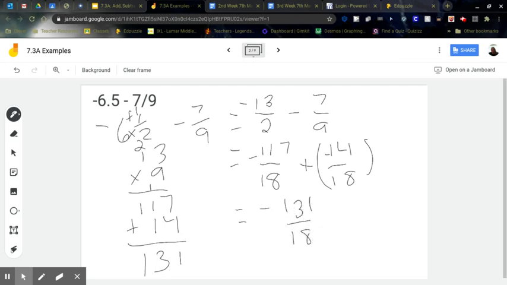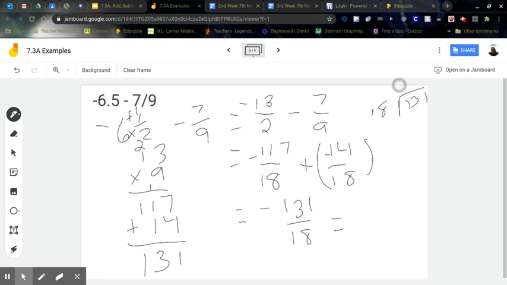And then we want to reduce that, okay? We want to reduce that and see how many times it goes into 18. So we're going to do 18 goes into 131. Okay, so 18 goes into 131. This is a big one. 18 doesn't go into 13, so we need to do 18 into 131.